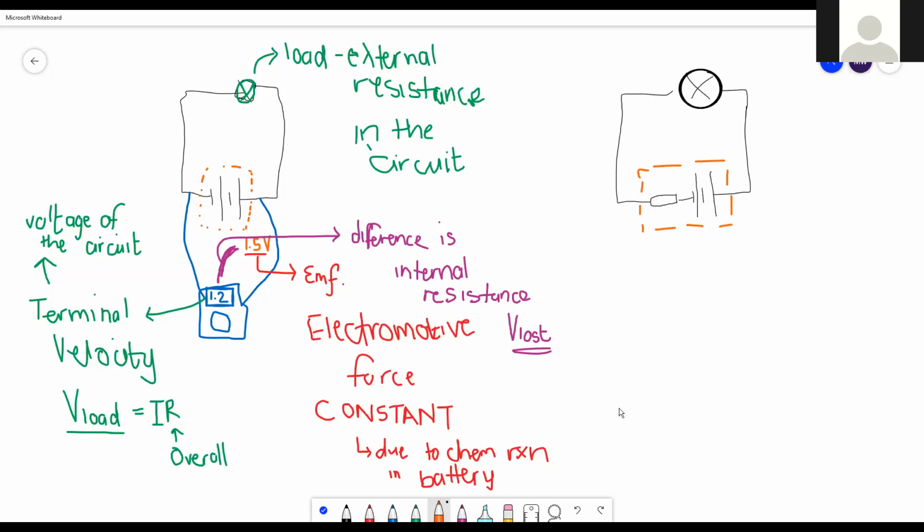That whole thing is seen as your battery now, and this whole thing is supposed to give you 1.5 volts, which it doesn't. Think about it as the 1.5 volts comes from the fact that if you didn't have any resistance in your battery, it would have been able to give you 1.5 volts. But the only time that this is possible in a battery is if there is zero current in it.